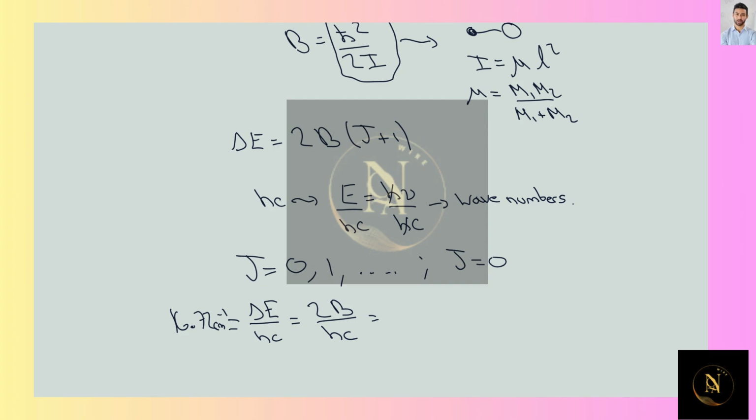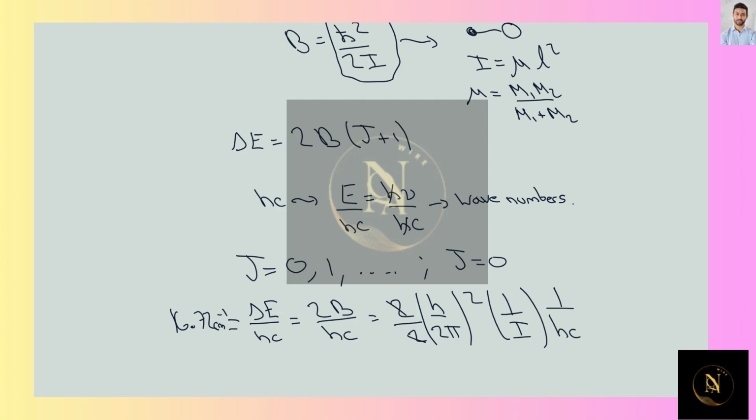So this becomes 2 times h bar, that is equal to h over 2 pi, all of this squared, divided by 2. So the 2 and 2 are going to cancel out, and over here we're going to have 1 over I. And we have from the left hand side the 1 over hc.